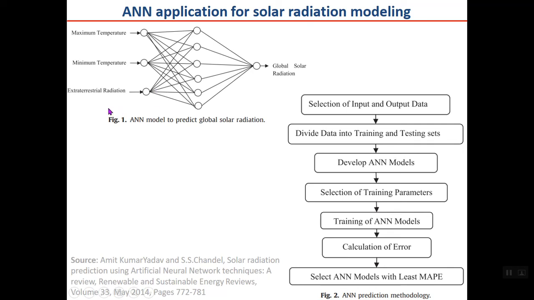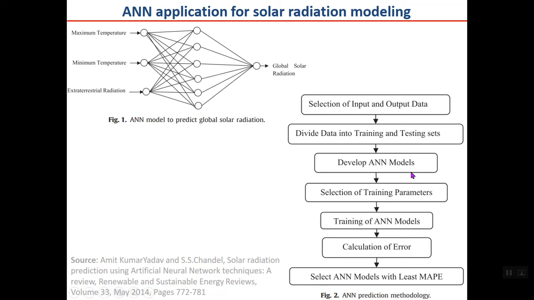Extraterrestrial radiation can also be calculated by formula, and there is no measurement required for that. So if you can have a model to calculate or estimate the global solar radiation just based on these parameters, it will be very useful for the locations where data are missing.